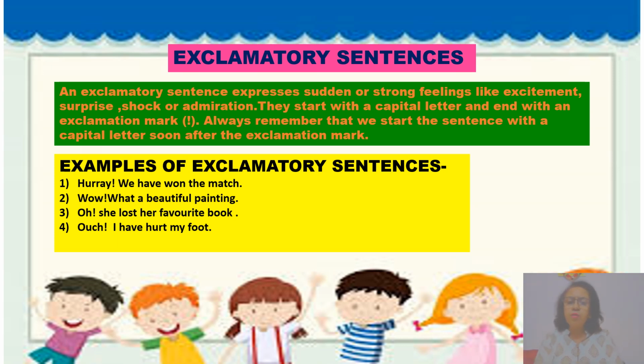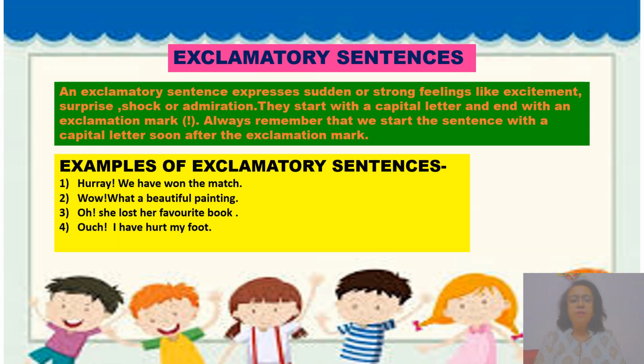People are going to ask you, hooray? Why are you so happy? What makes you happy? You have to add meaning to the word hooray. So we must start again with a capital letter soon after the exclamation mark and end the sentence with a full stop.